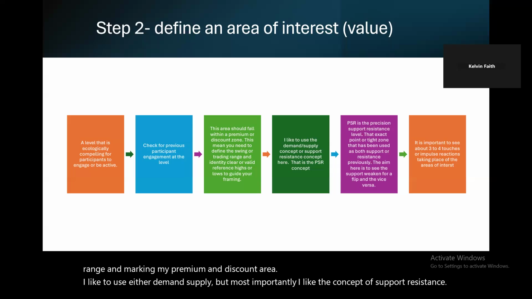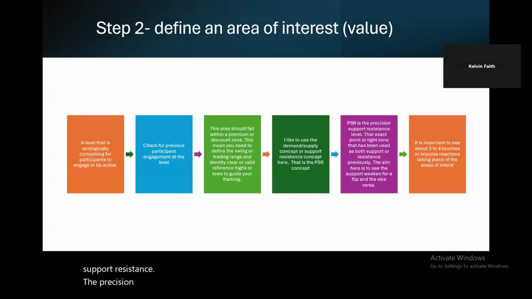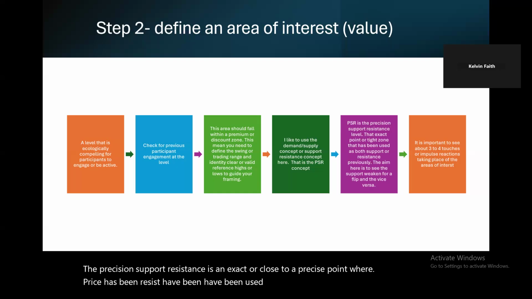Over time, I have refined support and resistance into what I call PSR, precision support resistance. The precision support resistance is an exact or close to a precise point where price has been used as resistance, and at the same time has been used as support.